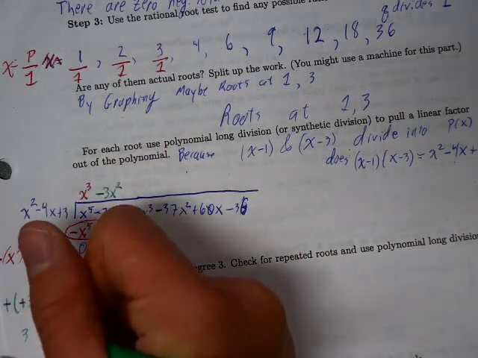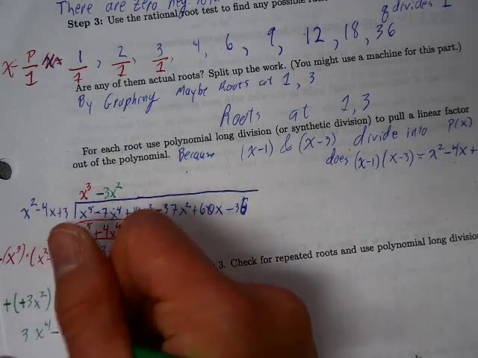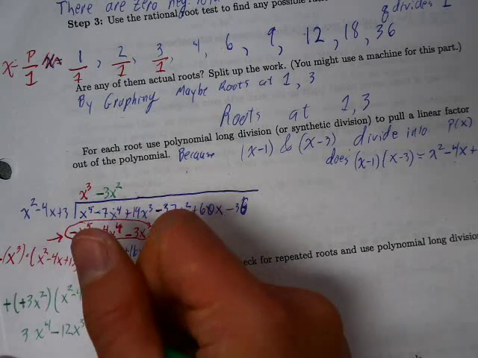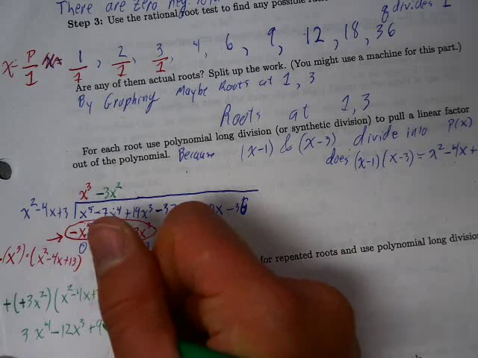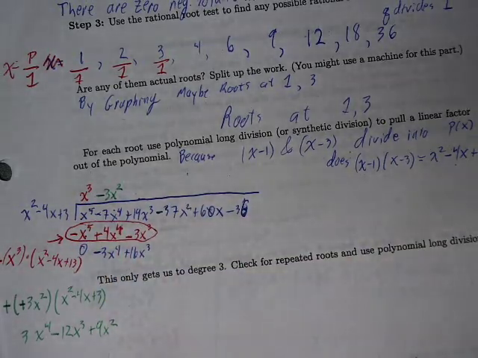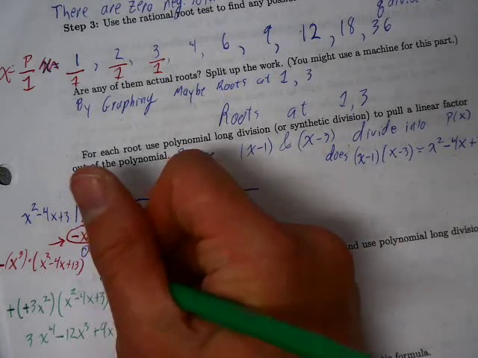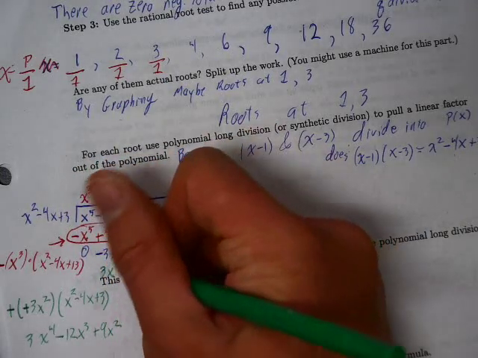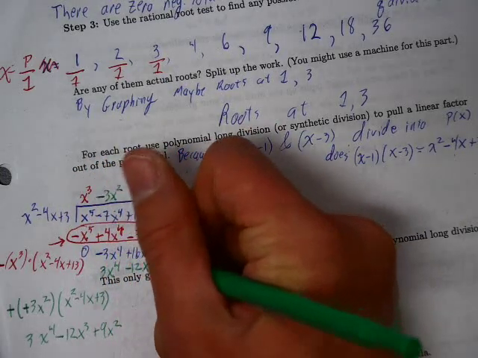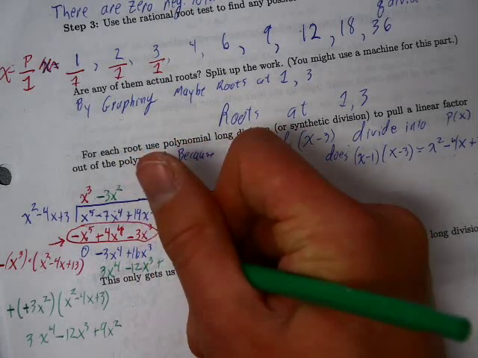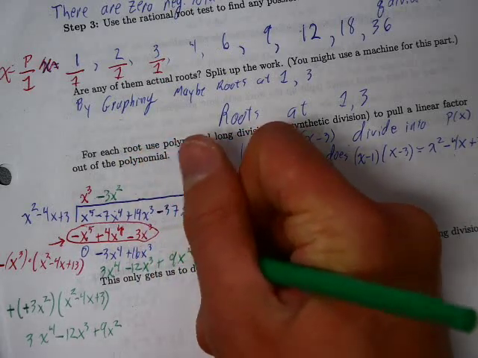That leaves me with 3x to the fourth minus 12x cubed plus 9x squared. So what is going to go down here? What will go down here is 3x to the fourth minus 12x cubed plus 9x squared.